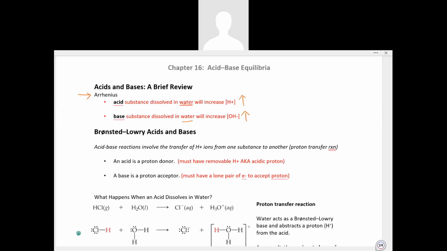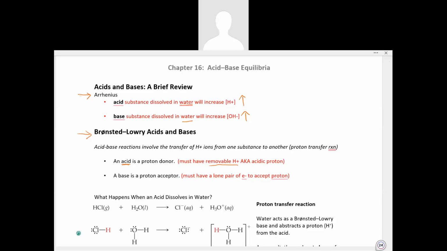We're also going to see them referred to as Bronsted-Lowry acids and bases in this chapter, where now we're looking at an acid in terms of it being a proton donor. So we have to think about the fact that it has to have a proton, or a hydrogen without its electrons, H+, that's removable. We can also call that an acidic proton.